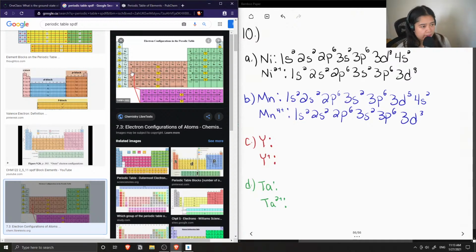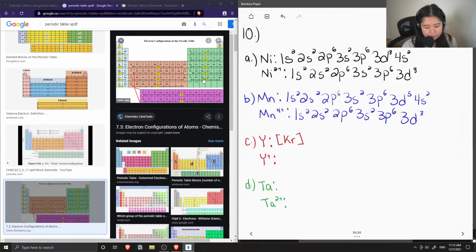So when we write the shorthand electron configuration, we find the noble gas that comes before yttrium, which is krypton, and we just write it in square brackets. And then we just continue writing the remaining electron configuration.